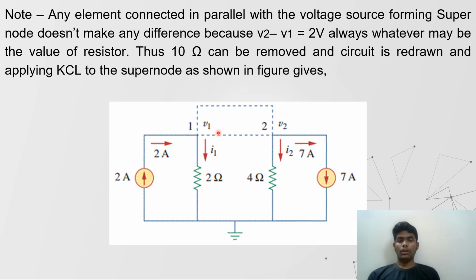In this, the above 10 ohm resistor is removed because v2 minus v1 is equal to 2 volts whatever the value of the resistor. Then the resistor can be removed. And thus after removing the 10 ohm resistor, the circuit diagram will be like this.